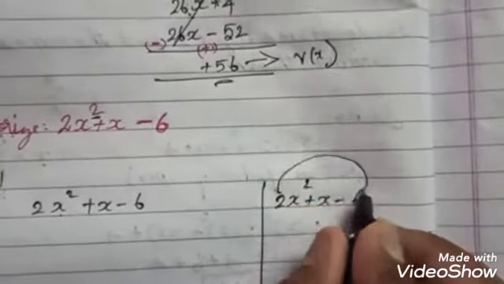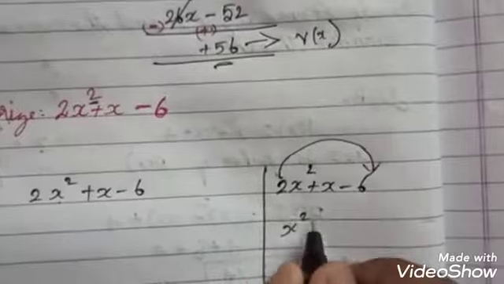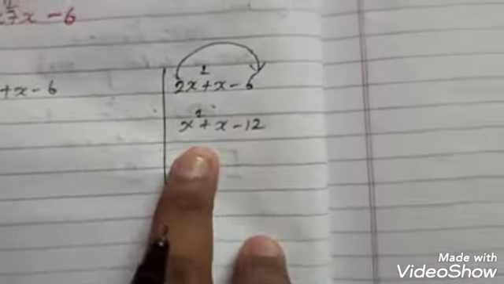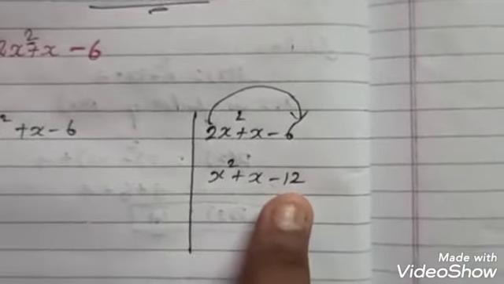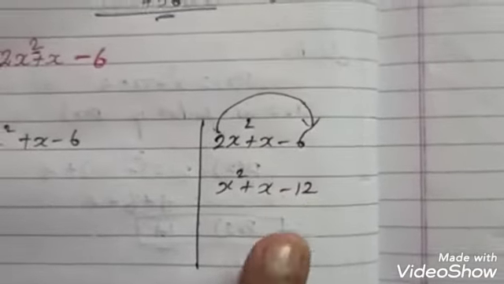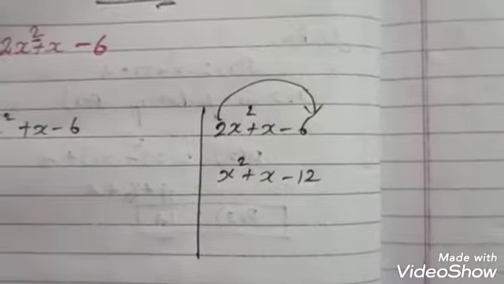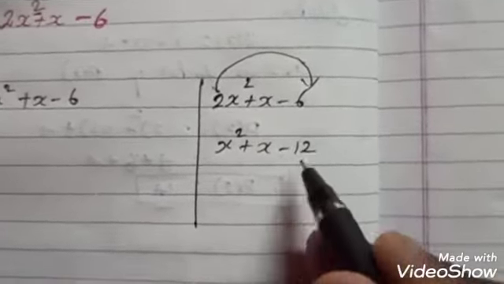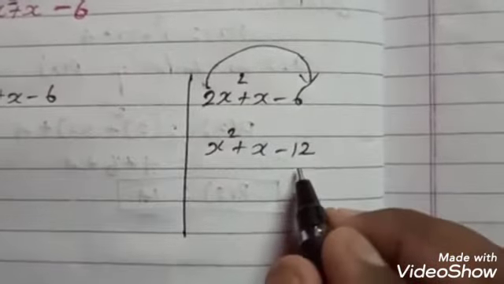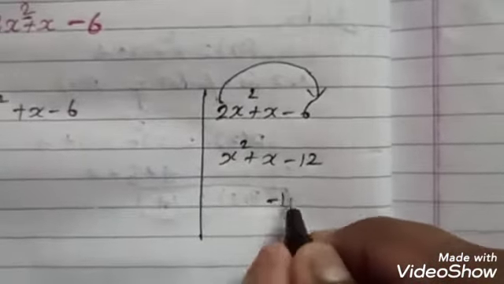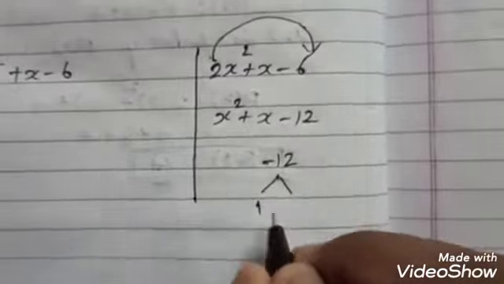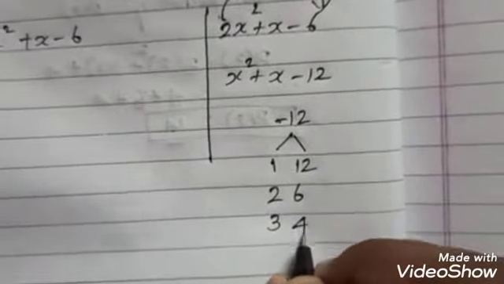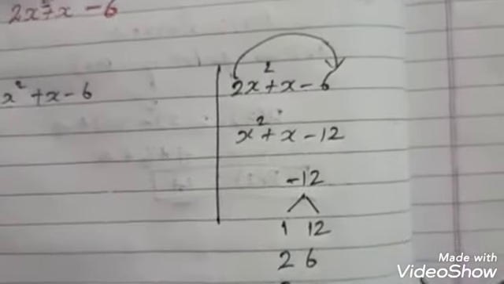This 2 can be multiplied with this 6. You get x square plus x minus 12. So second term is plus, third term is minus. Which method should it be? First method, second method, third method, or last method? I think this one is fourth method. You need to take factors of minus 12: 1 into 12, 2 into 6, 3 into 4, and 4 into 3 likewise.